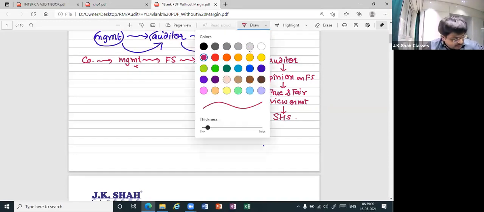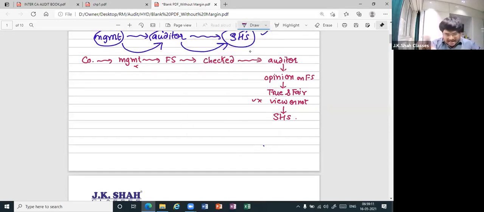That is why I told you that the auditor is an intermediary between the management and the shareholders, because whatever is done by the management has to be checked by the auditor, and eventually he will report to the shareholders. Is this okay? Most important word out of this entire process, if you ask me, is this word.